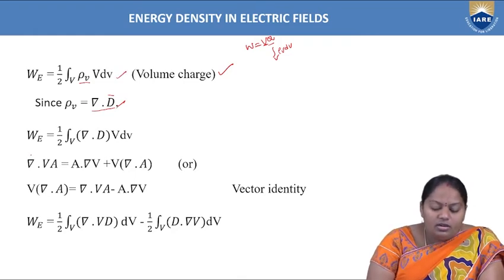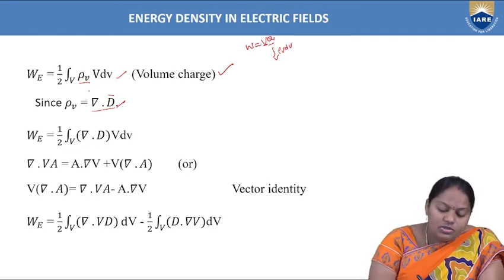So W E equals 1 by 2 integral V del dot D dV.